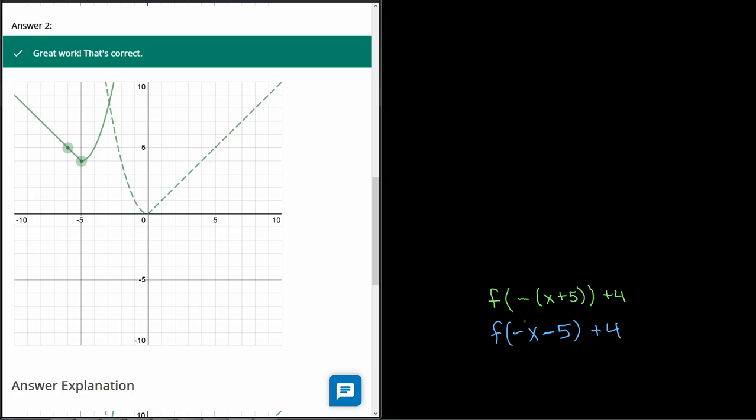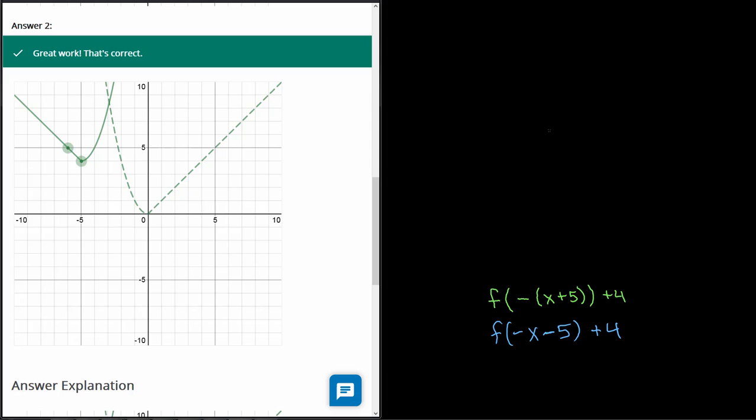So this is my target. Instead of thinking about my target function as this, I think it's easier to think about my target function as this. Of course, mathematically, these are exactly the same thing, but for strategic reasons, it's easier to see what's going on when we factor out that negative sign.